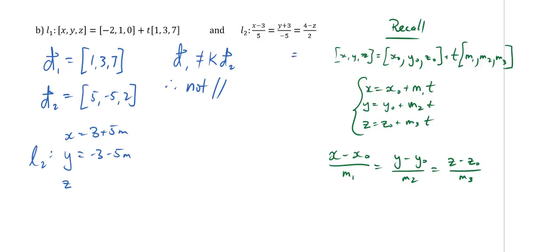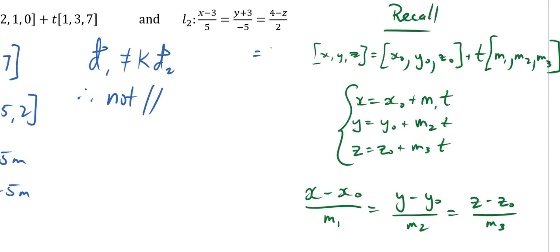It's 4 minus z. That's kind of backwards. So I'm going to get negative bracket z minus 4 over 2. But then that negative is actually going to go, so z minus 4 over negative 2. When I pull that apart and put it in the right form, you have to do that for sure.